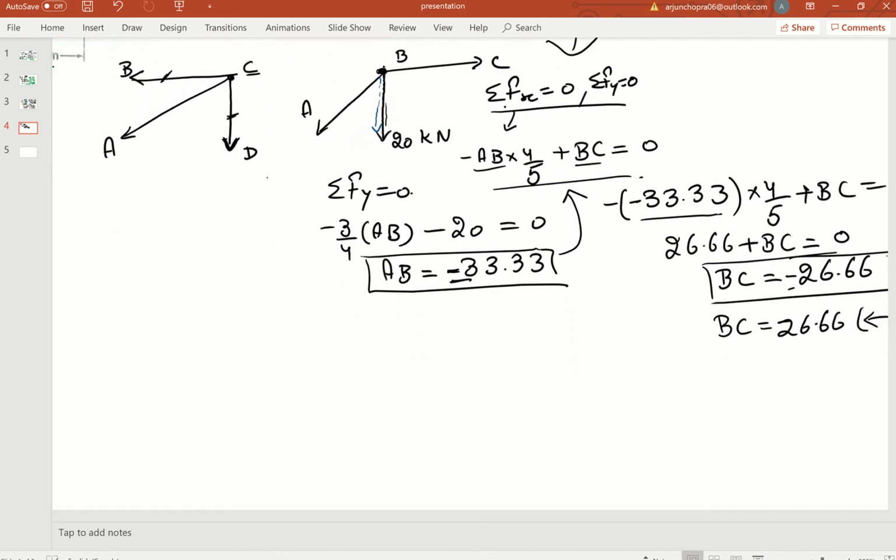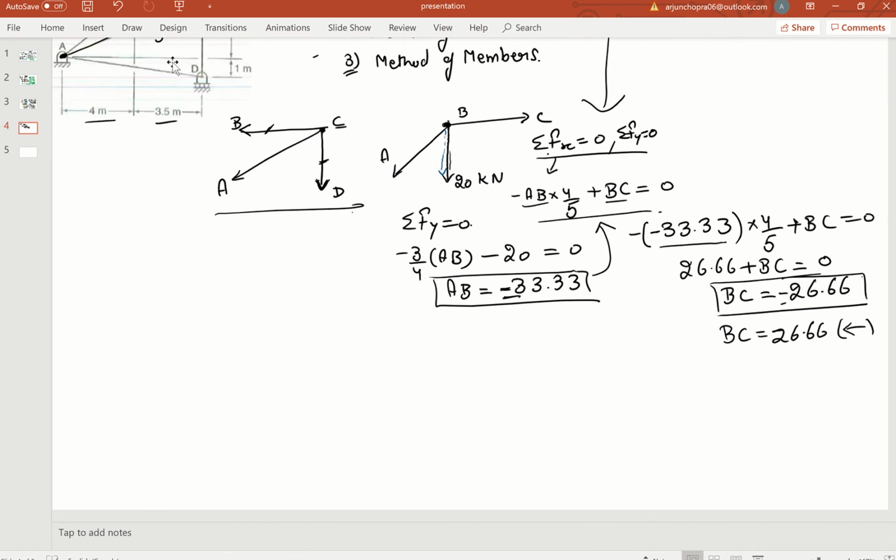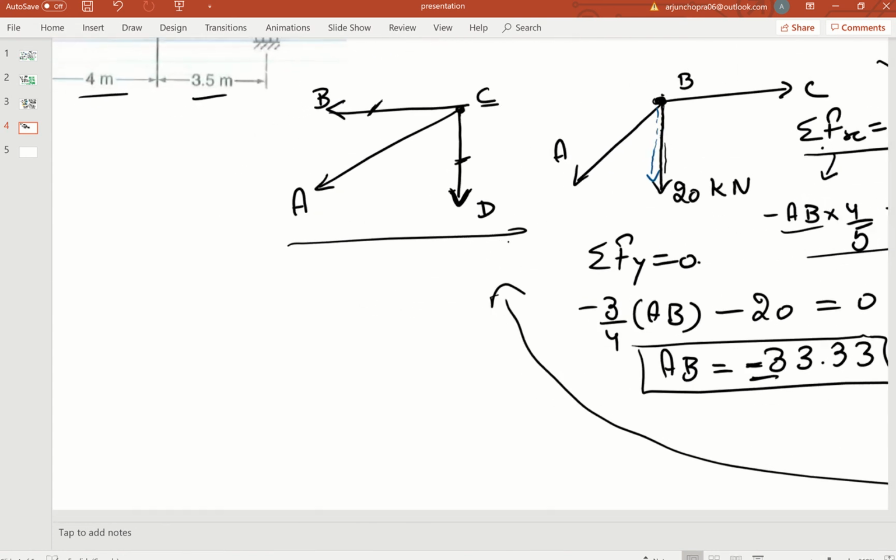BC we figured out. So I'm going to go back to this diagram because we've already figured out the value of BC. Let's see how we can use this value back in here. I'm going to write down an equation for this diagram now. I'm going to say sigma F of x equal to 0.